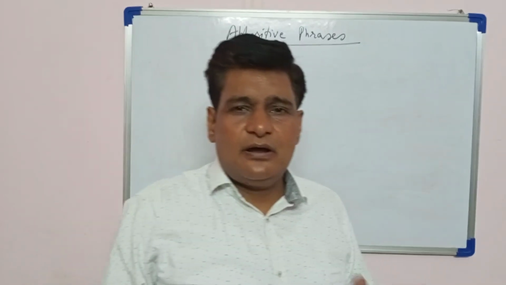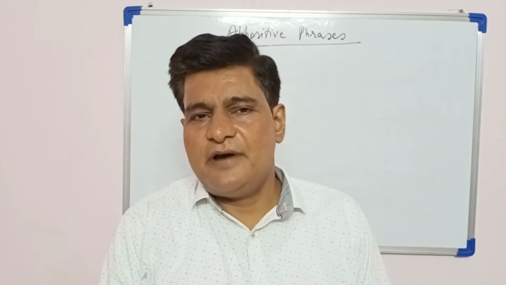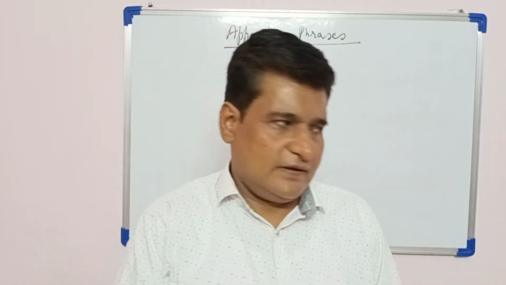We all know that a phrase is a group of words that make some sense but not the full sense. So an appositive phrase is a group of words which consist of an appositive and its modifiers. Why are modifiers needed? Modifiers are needed to provide some deeper meaning to some noun in a sentence.